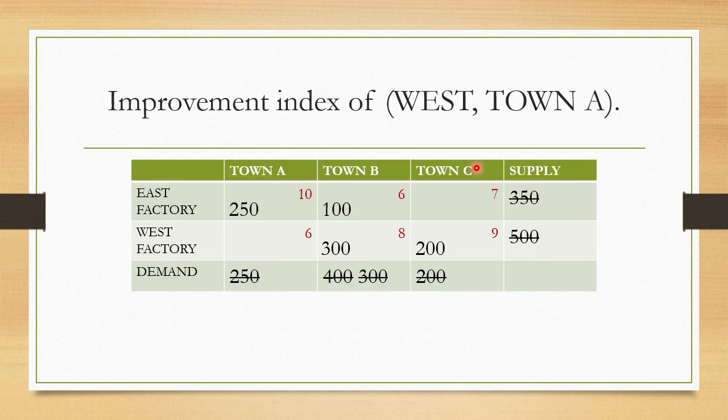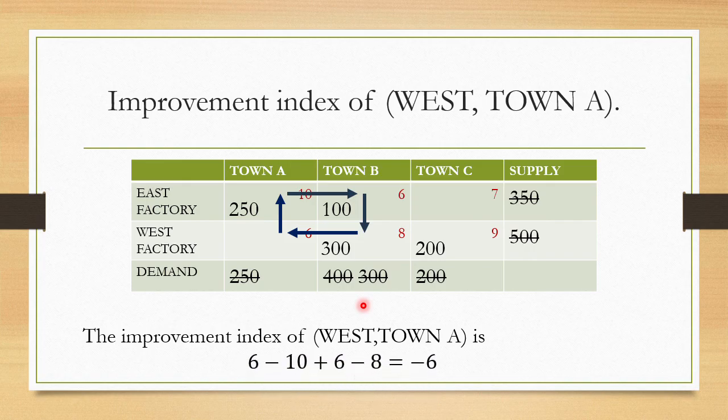So notice that here the unused cells are West Town A and East Town C. So let's compute the improvement index of West Town A. So we have this closed polygonal path, and then computing the improvement index, we have 6 minus 10 plus 6 minus 8, and this gives us negative 6.